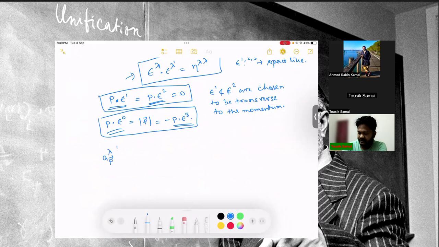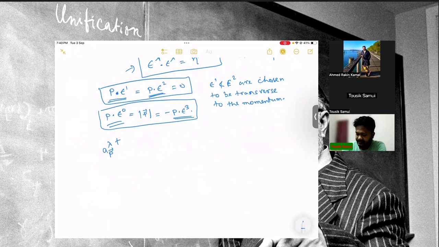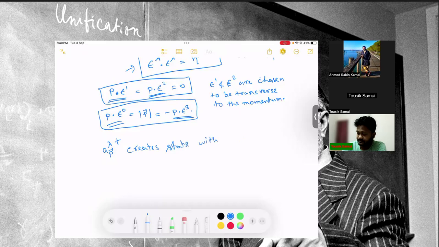So A dagger P lambda. In the scalar field, we did not have this lambda in there. This is a creation operator, or another way we can say, it creates a state with momentum P with polarization lambda.